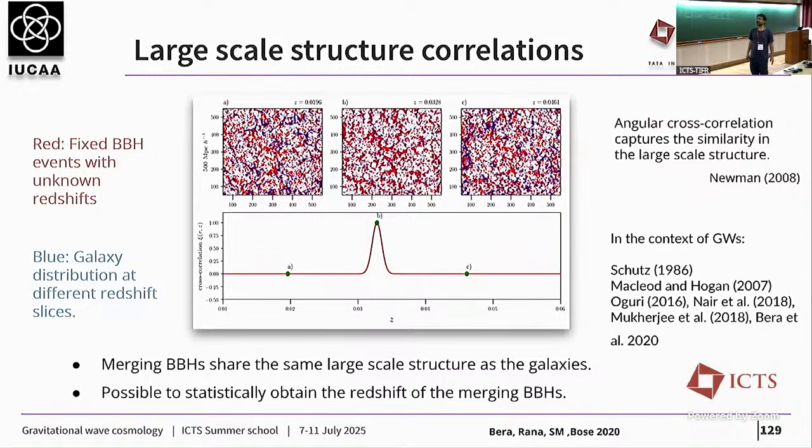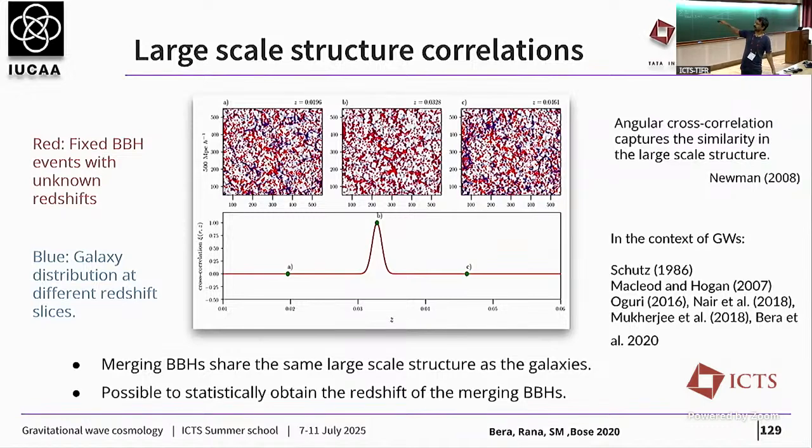So let's look at that kind of a picture. This is a crazy simulation that we did. Let's suppose in red, we are given fixed binary black hole events with unknown redshifts, okay? But similar kind of luminosity distances. Those are in red. And then in blue, what you are seeing are galaxy distributions.